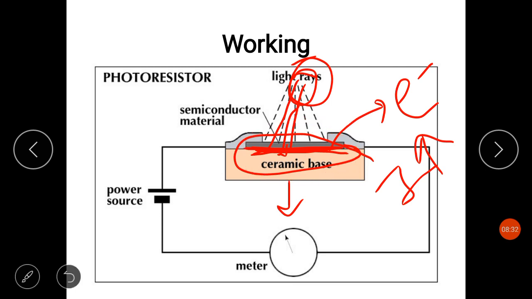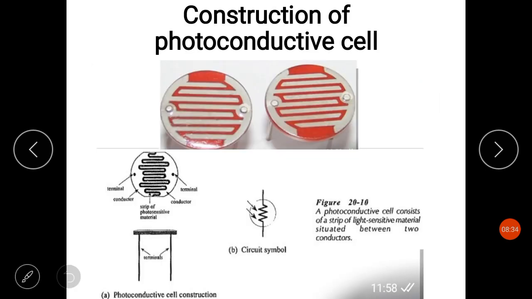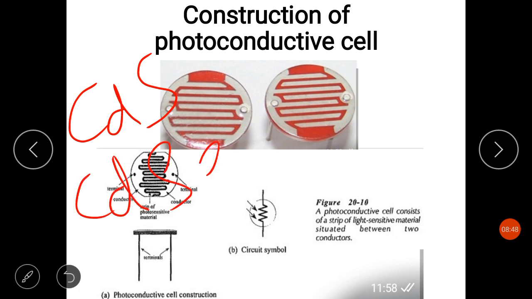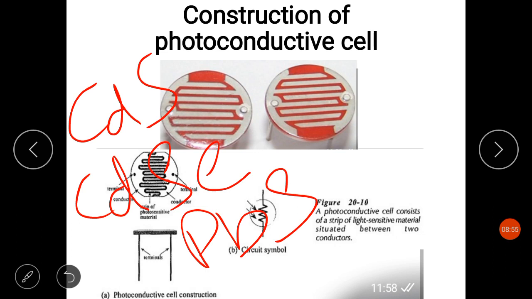Now, coming to the construction of the photoconductive cell, the materials normally used are cadmium sulfide, cadmium selenide, then lead sulfide, etc. These are the semiconductor materials used in photoconductive cells.